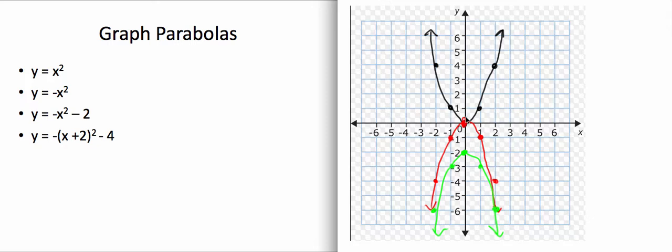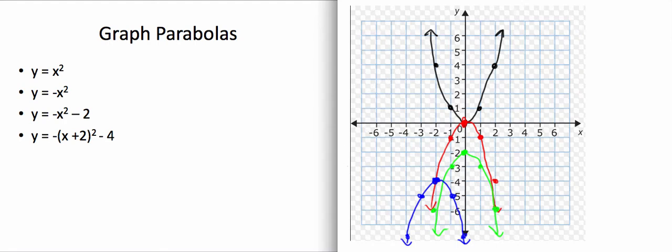The plus 2 on the inside means left 2, and minus 4 takes us down to there, and our graph is upside down. So the rules for graphing parabolas and graphing absolute values are the same.